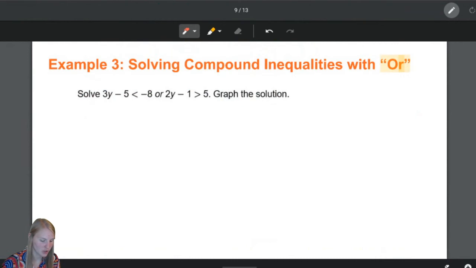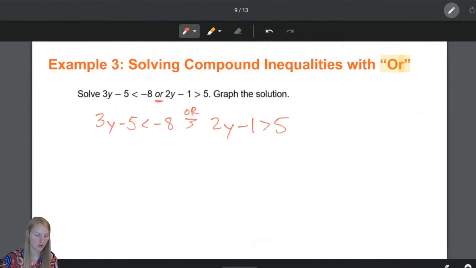Instead, we have 3y minus 5 is less than negative 8, or 2y minus 1 is greater than 5, with a big old or in the middle. What we're going to do is solve each of these separately, this one or that one, and then just put them on the same graph.